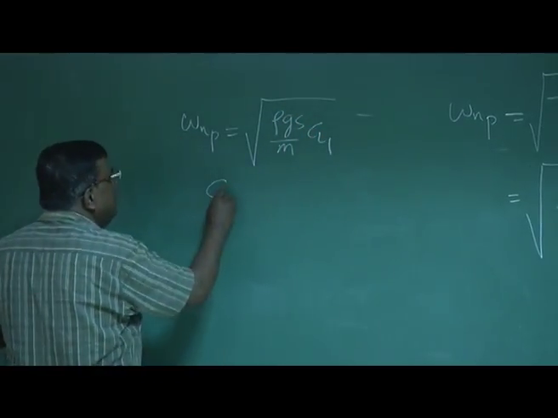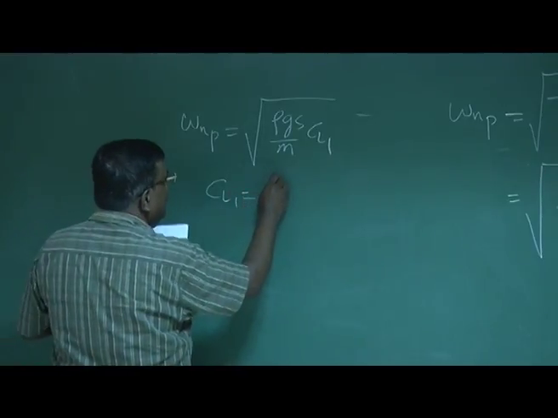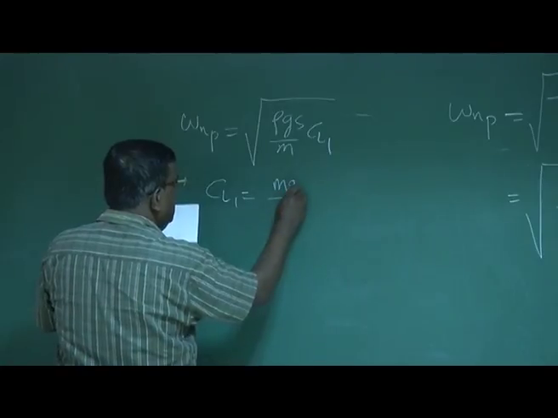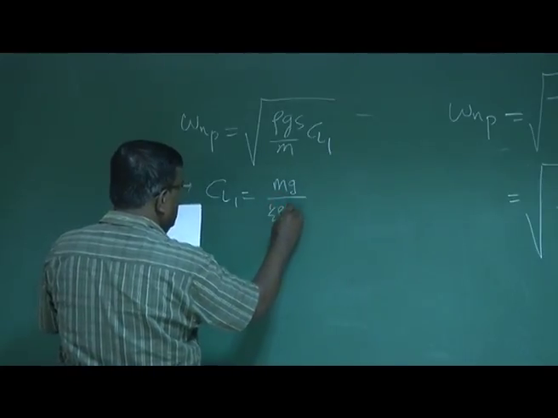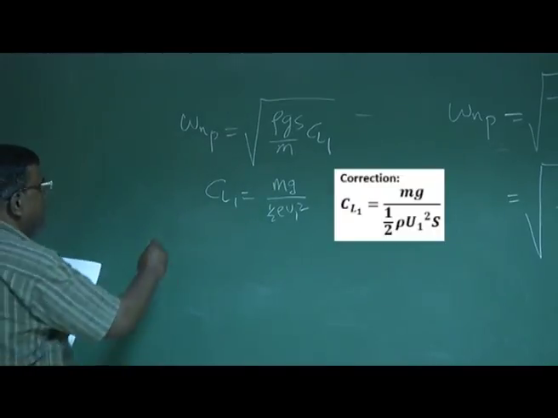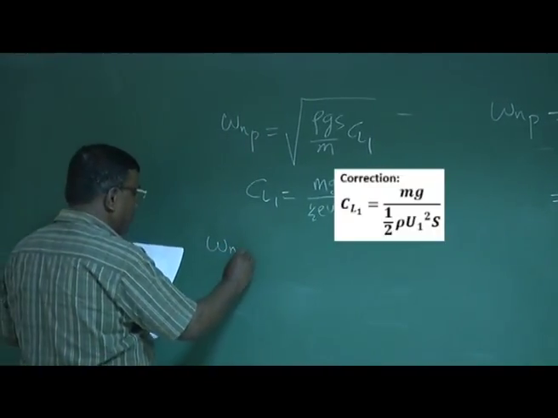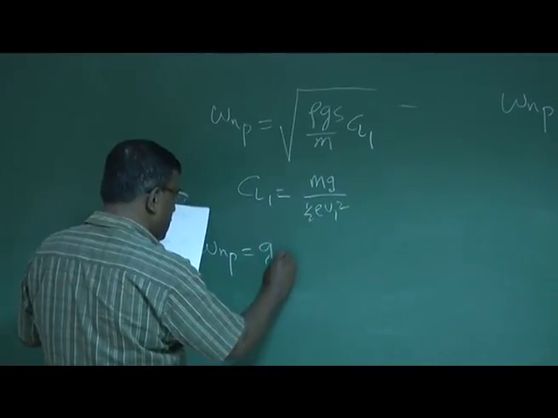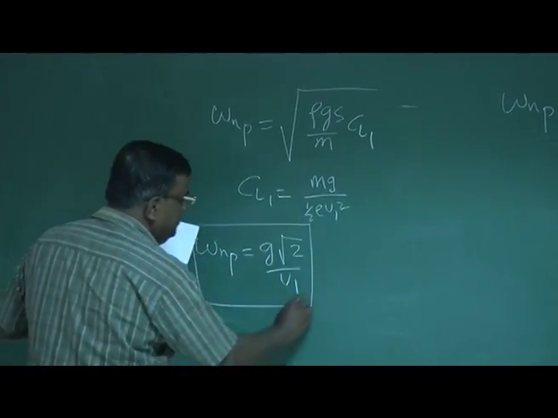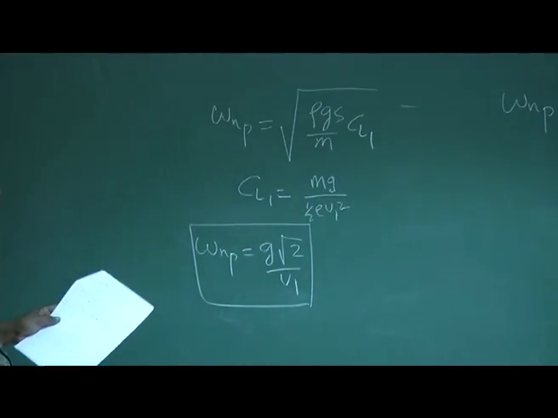And what is CL1? CL1 is nothing but W, W means mg, by half rho U1 squared. If I put in this expression, I get omega n Phugoid as g root 2 by U1. Could you see this?